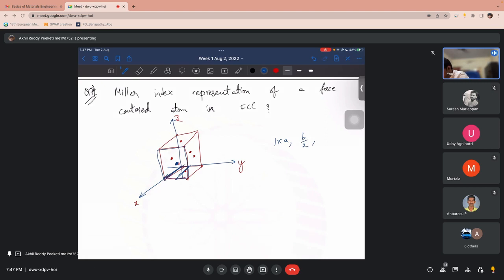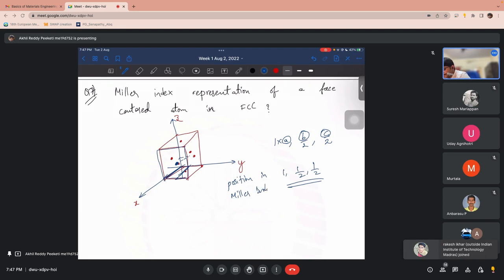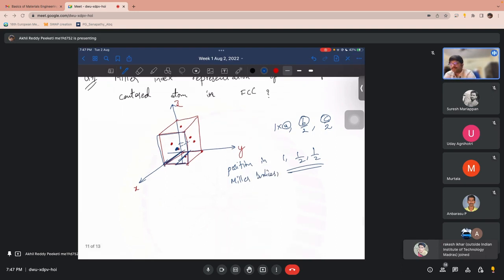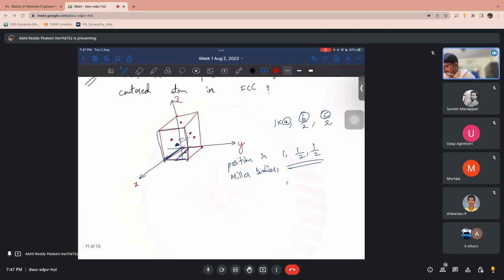And if you are looking at c, that is also at c by 2. So if you are talking about Miller indices, you don't have to specify a, b, c. You will just say 1, 1 by 2, 1 by 2. So this would be the position in Miller indices. So what are the other possibilities? You can also have 0, 1/2, 1/2. What else is possible?